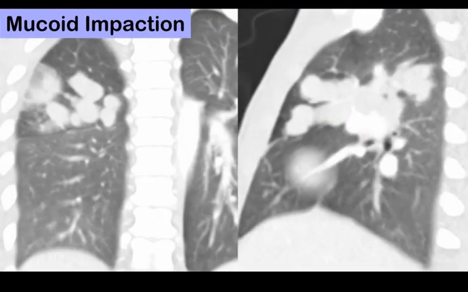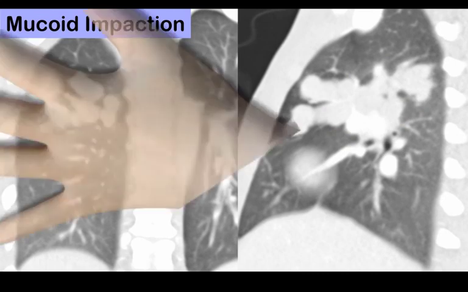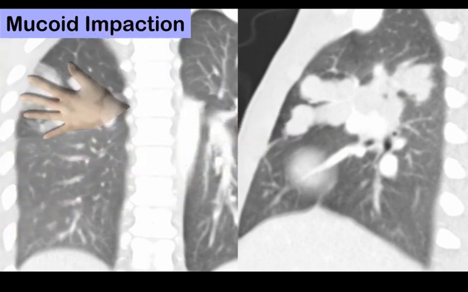You can see this on the chest CT as well, where we have these large dilated areas of mucus in the right upper lobe, a finger and glove sign on CT scan.